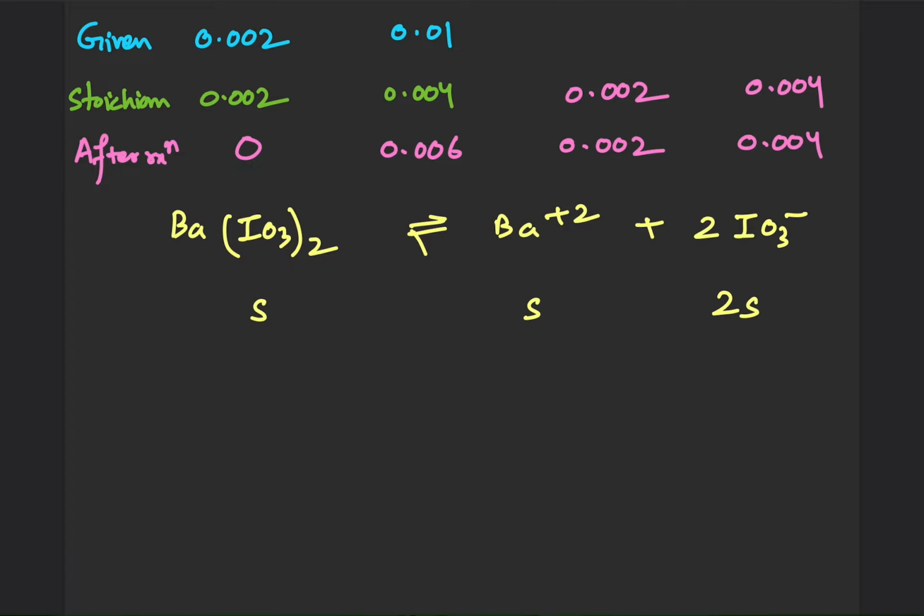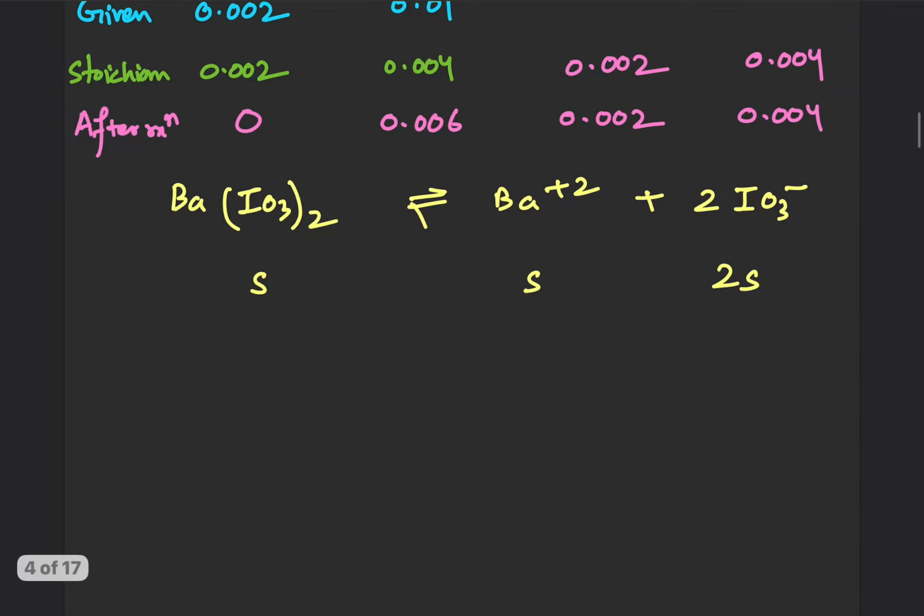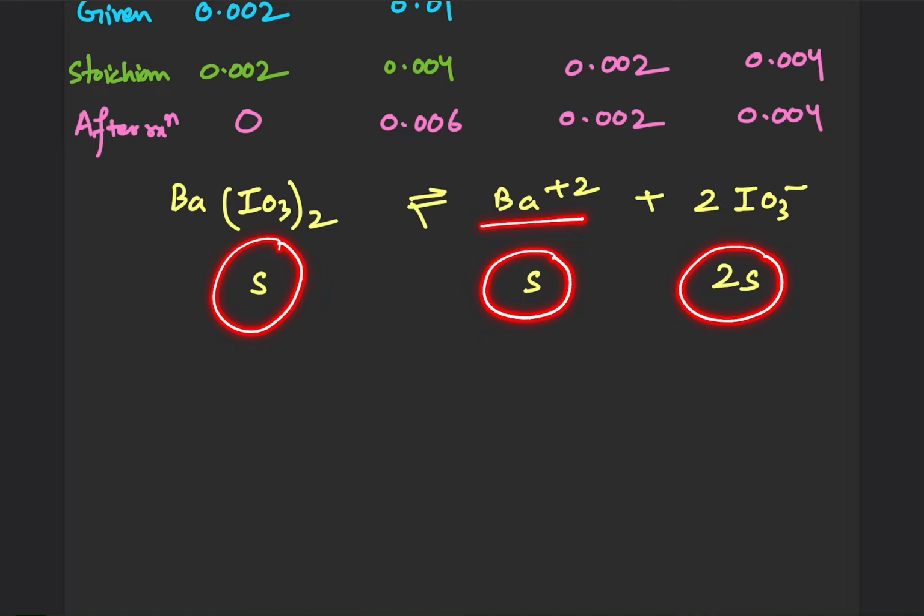Remember it was S and 2S, right? So we can say that S moles per liter, or S molar, of Ba(IO3)2 in the solution gives S moles per liter of Ba plus 2 ion and 2S moles per liter of IO3 minus ion, right?